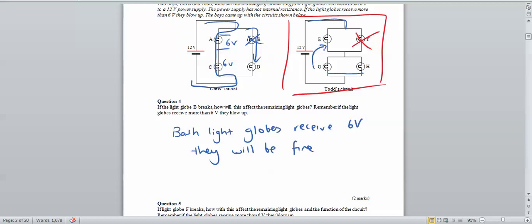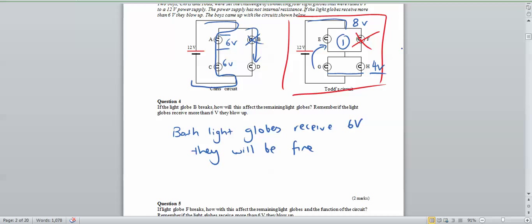So I'm going to make the assumption that there'll be an 8 volt drop across there and a 4 volt drop across here, because no longer do we have a parallel circuit for this section. It's just going to be a resistor in series, and that's in series with 2 in parallel. So there's going to be an 8 volt drop across the top, 4 volt drop across the bottom.